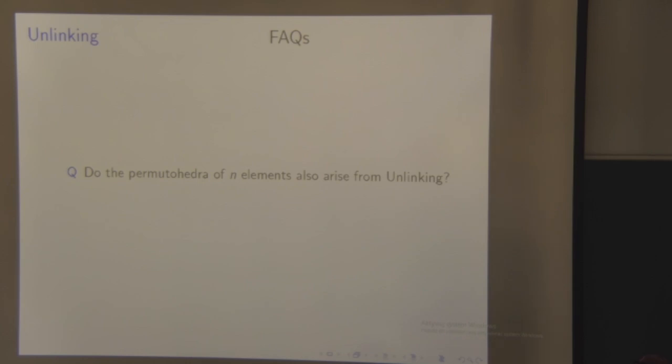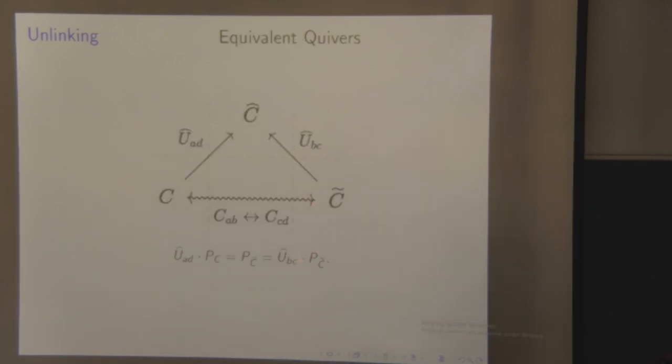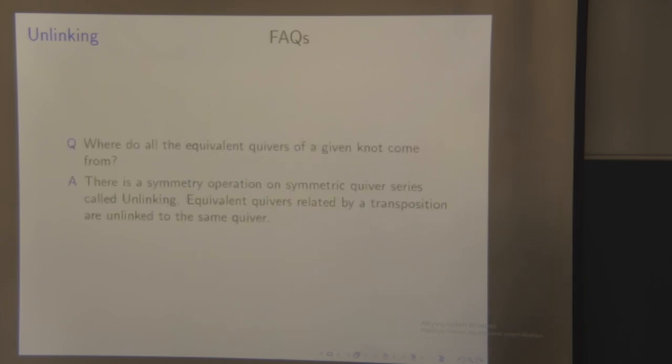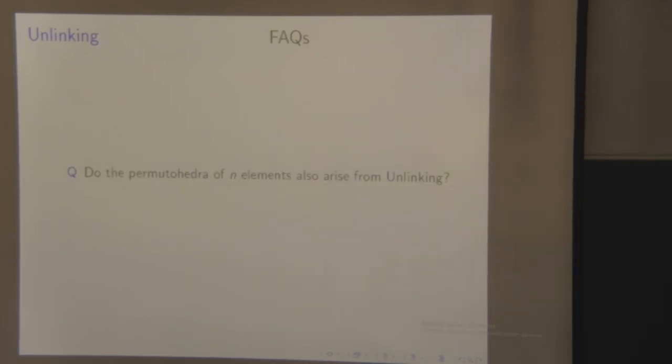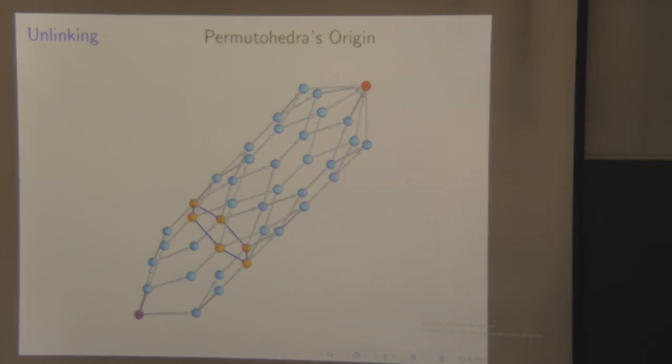This diagram is only for one transposition, the simplest case that I was telling you about, or a permutohedron of pi 2. But certainly we saw that there are permutohedra with more transpositions. So what about them? This is a very nice picture. Here, the nodes represent equivalent quivers, which all have the same quiver generating series.